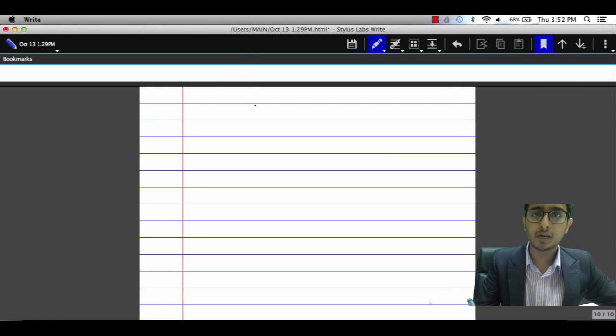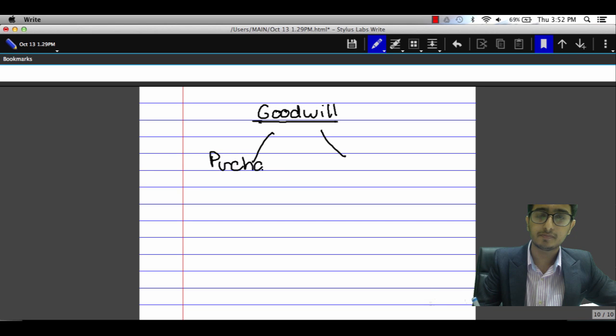Now, another thing when it comes to IAS 38 is that a very common example of an intangible asset is goodwill. IAS 38 states that there are two types of goodwill. One is purchased goodwill and internally generated goodwill.